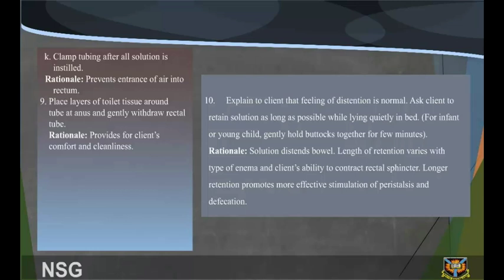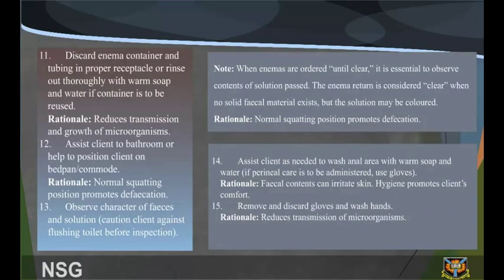Longer retention promotes more effective stimulation of peristalsis and defecation. Discard enema container and tubing in proper receptacle or rinse out thoroughly with warm soap and water if container is to be reused. Reduces transmission and growth of microorganisms.